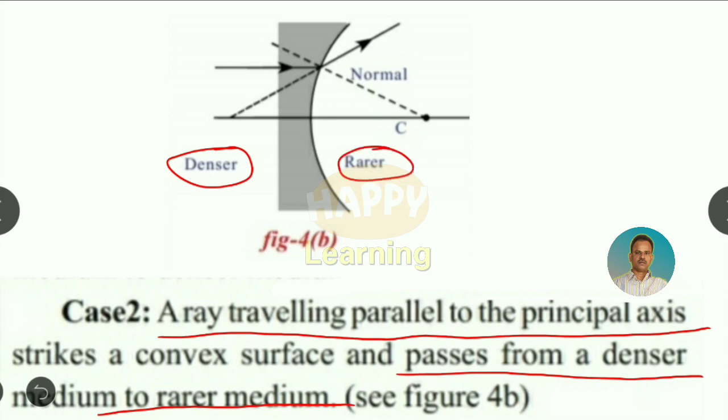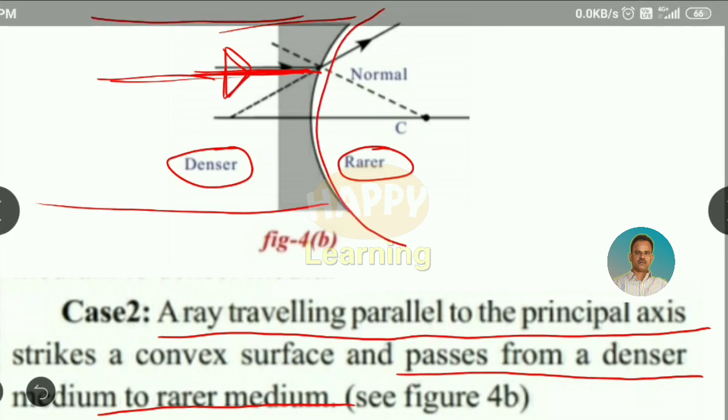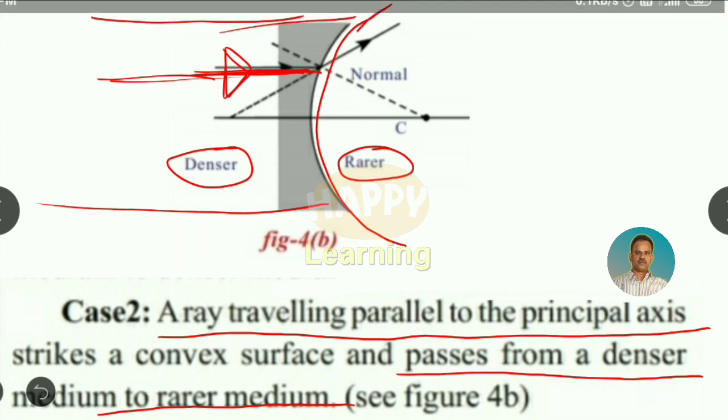Actually, you have to assume that this dark, black portion up to the end is the denser medium, and from this denser medium, this is the incident ray. So, look at this. From the denser medium, it is trying to enter into the rarer medium. Here the interface is curved.